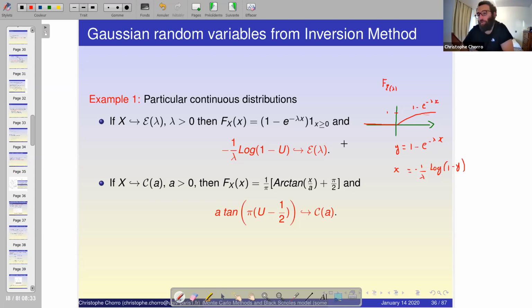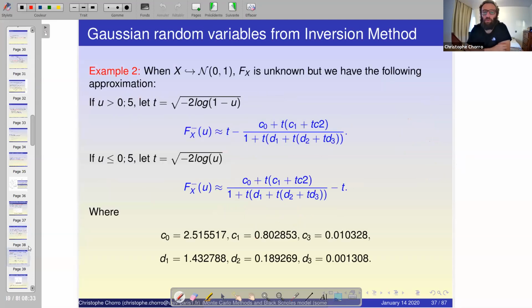So here we are in the very basic situation where it's possible to use this methodology, because I know explicitly the generalized inverse of the distribution function of an exponential of parameter lambda, and the same for a Cauchy distribution. But keep in mind that here I am interested in the Gaussian distribution.